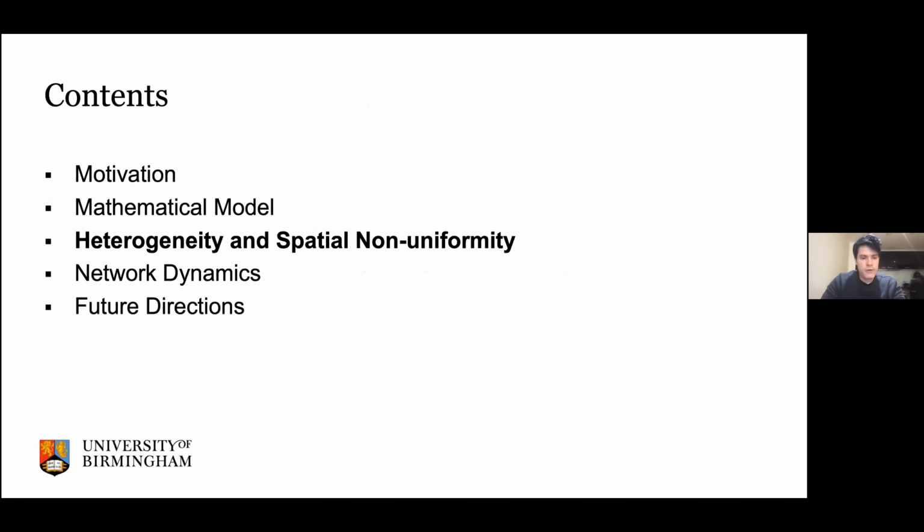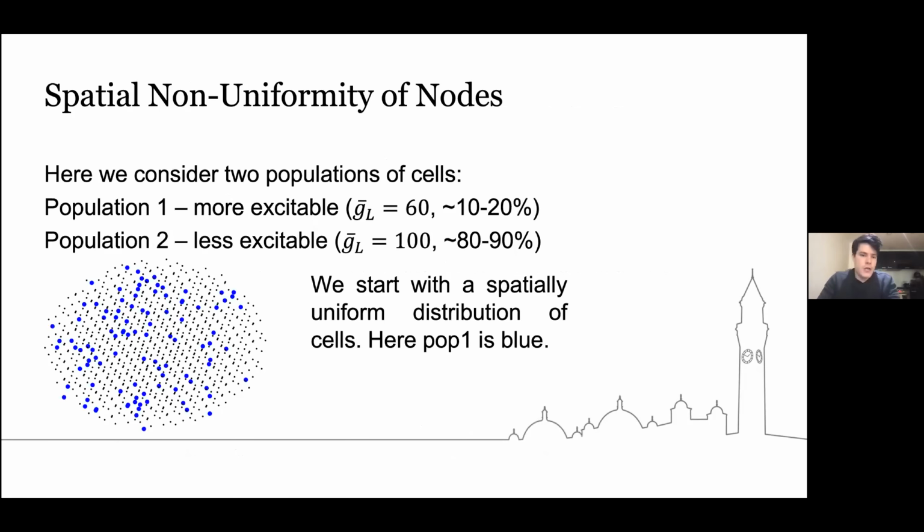Okay, so heterogeneity and spatial non-uniformity. The way we're going to do this heterogeneity is we're going to consider two populations, and this is motivated more or less by the islet studies, the levels of more excitable and less excitable cells within the islet study. So we have population 1, which is about 10 to 20% of the islet, and it's more excitable.